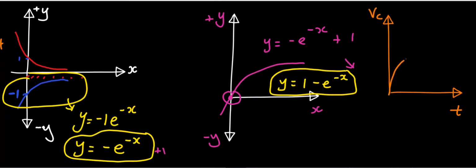So our y-axis is Vc, and it's equal to, well, we have an amplitude of V0 right here. Our amplitude is included in the equation of our graph, multiplied by 1 minus e to the negative t over RC.